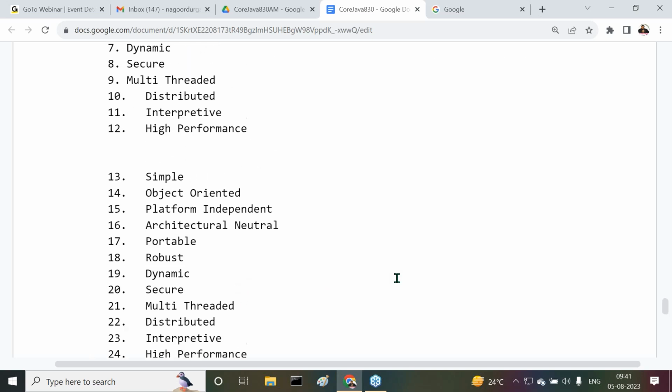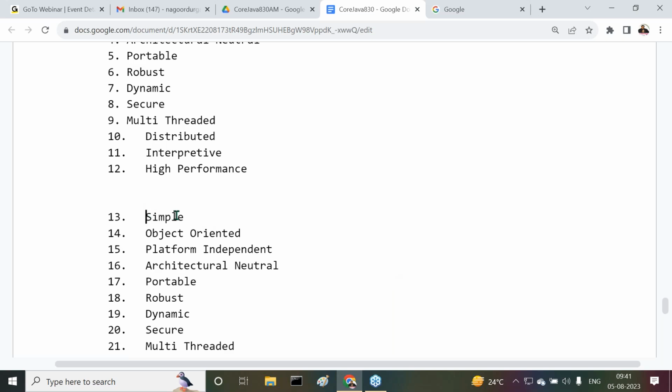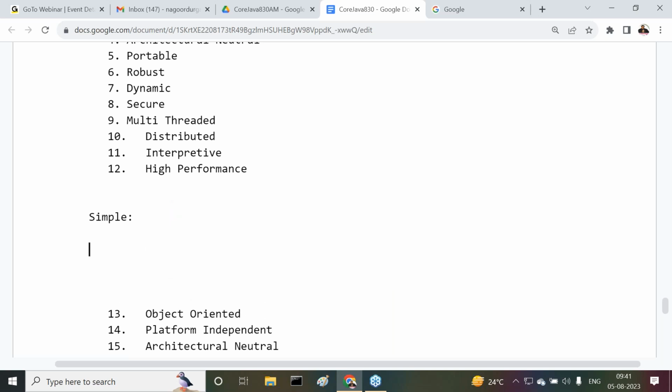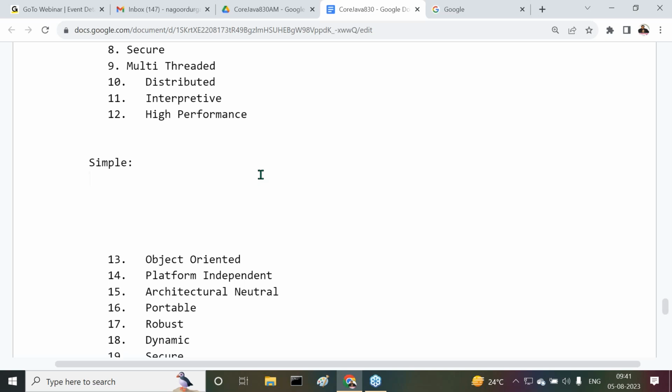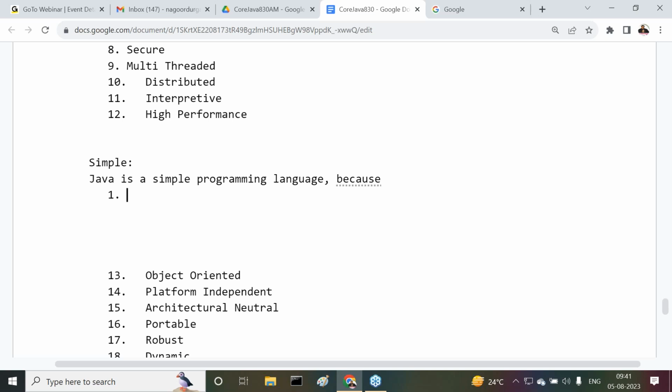Right, sir. Good. Now the very first one: what is the meaning of a simple programming language? How can you say Java is a simple programming language? In the very first class I gave this information, but again we are going to understand it clearly. Observe carefully, Java is a simple programming language because of point number one.